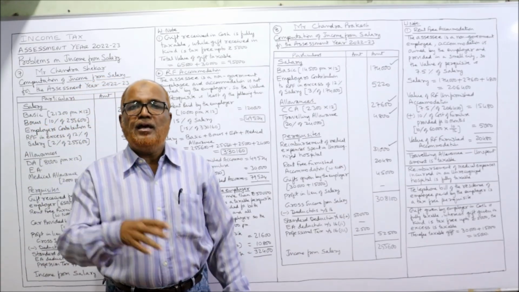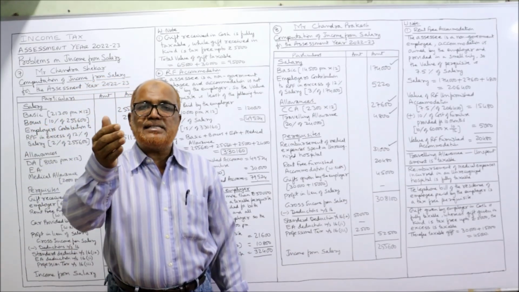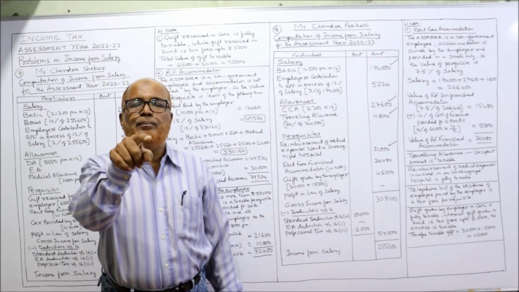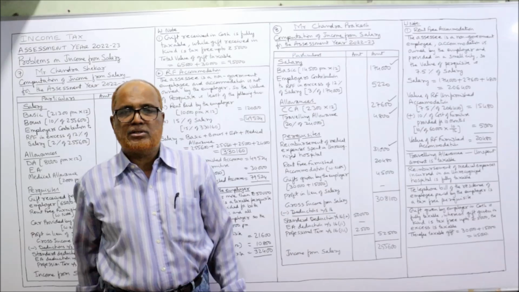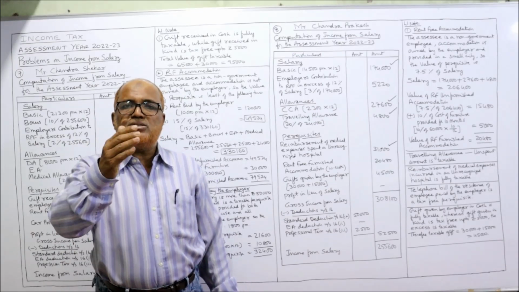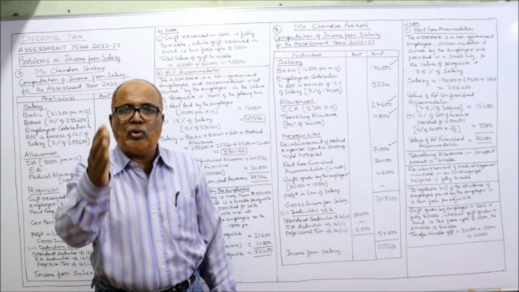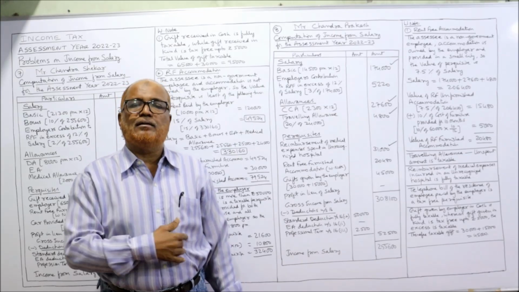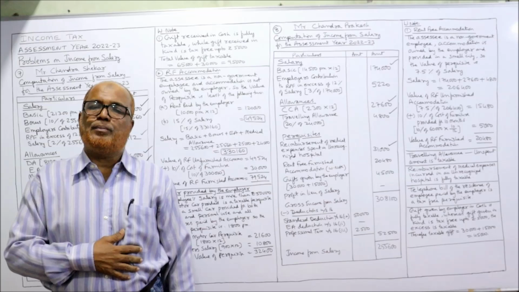The first category, if the population of the city is less than 10 lakh, it's a small town, 7.5% of salary is the value of the perquisite. If the population size is more than 10 lakh but up to 25 lakh, 10% of salary is the value of the perquisite.